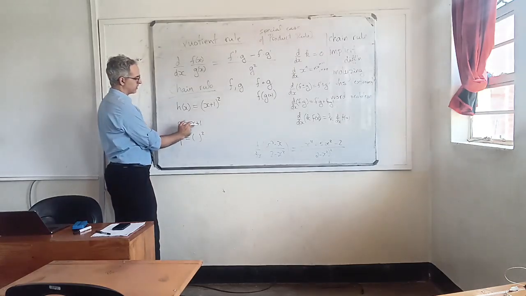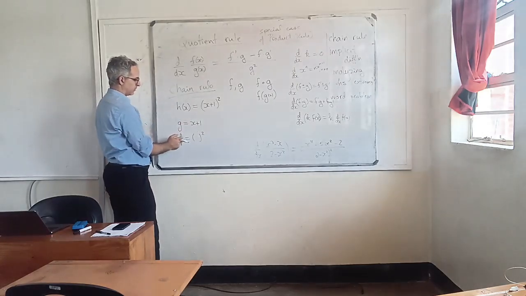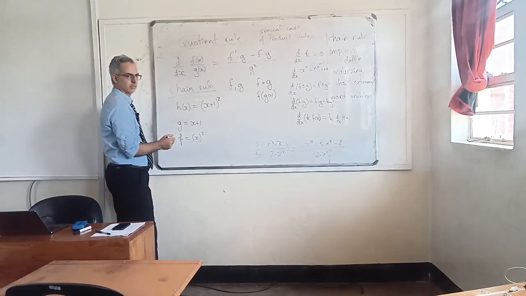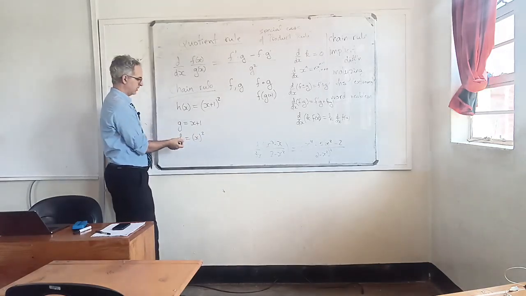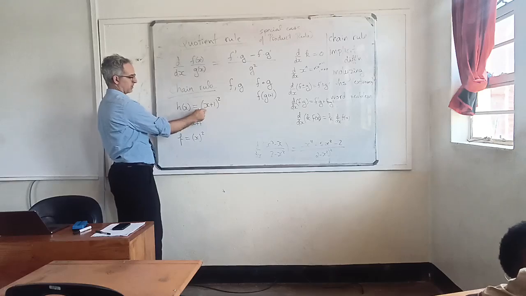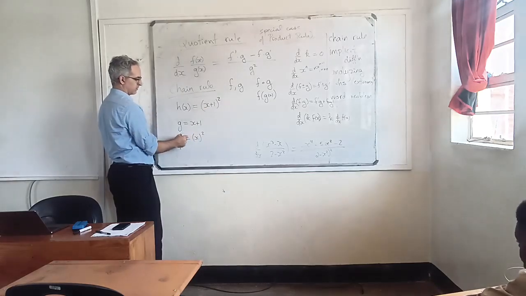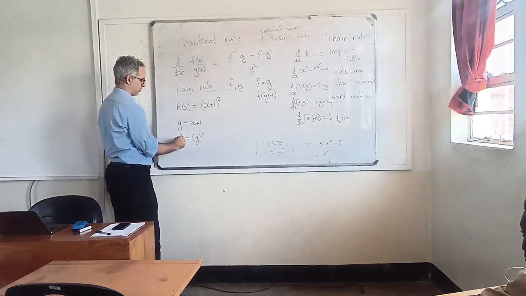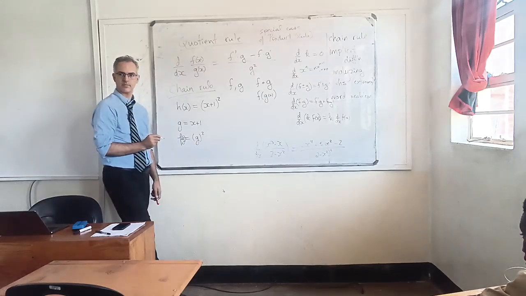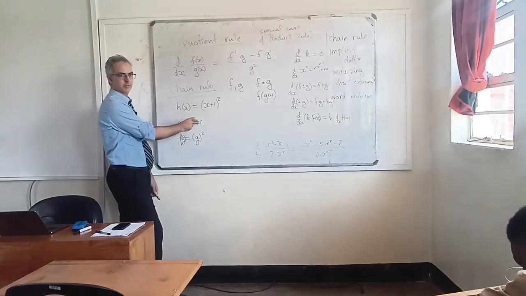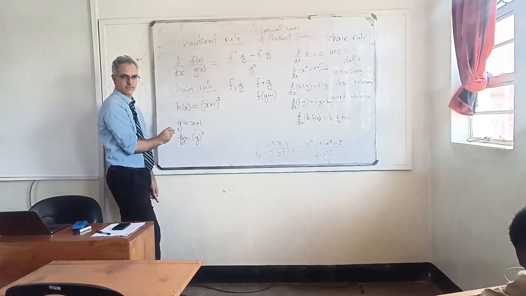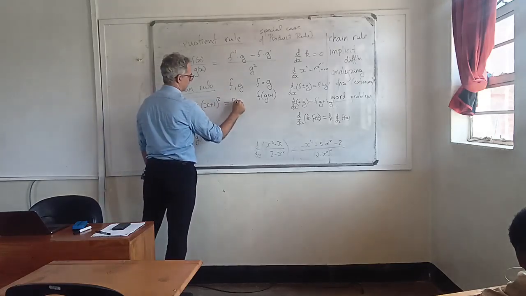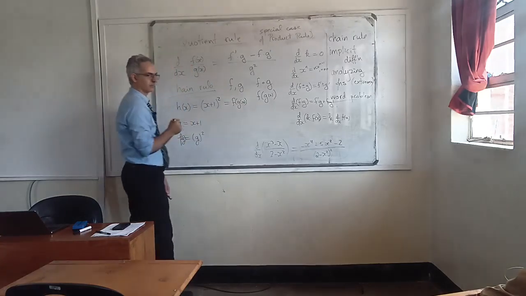The function g says take an x and add 1. The function f says take an input and square that. But in this case, the input is not x, the input is x plus 1. So in this example, f of g is g squared. I take this function and I square it. In other words, this is f of g of x.